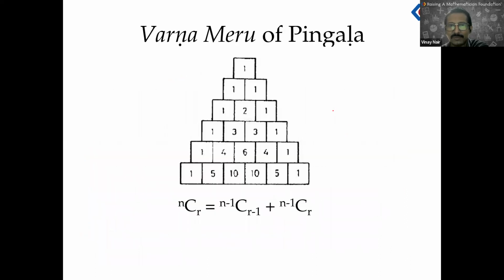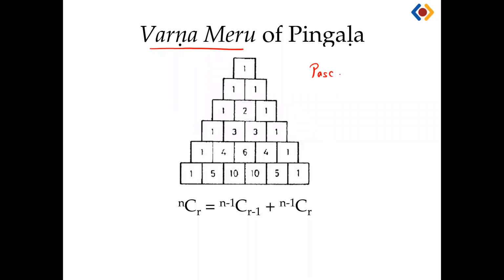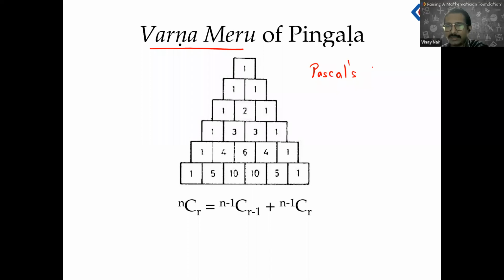All right. So what does this give? It actually gives you something called as Varnameru. That Lagakriya is giving you the instruction of constructing this. I'm sure many of you would have seen this, right? This is what we famously call as the Pascal's triangle, right?